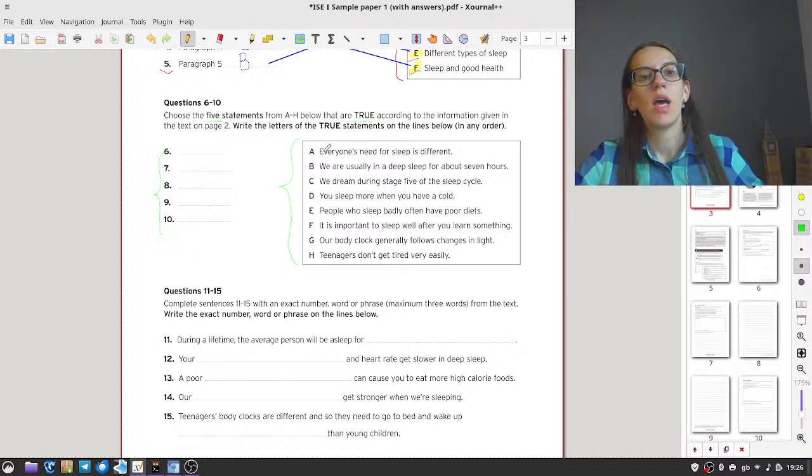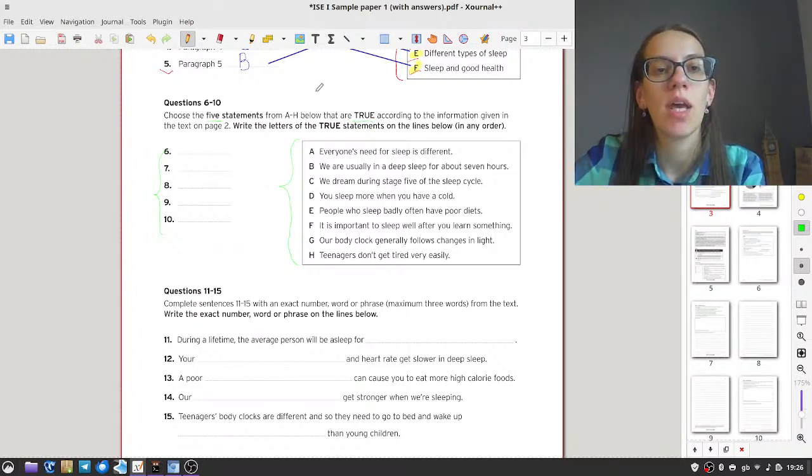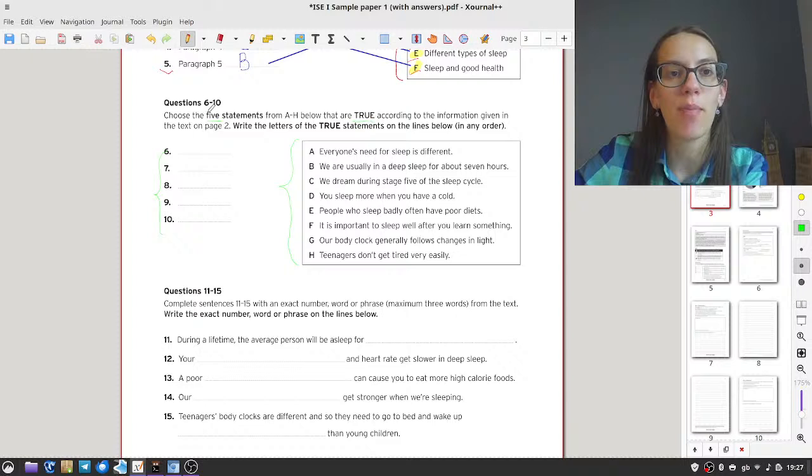So 6 through 10, we need to write down true statements. So what is important to remember in this task? We only write down true statements. So if the statement is false or maybe not mentioned in the text, then we don't write about it. Then it's important to remember there are 5 of them. And let's look how many statements are there. If we count 1, 2, 3, 4, 5, 6, 7, 8. 8 statements. 5 of them are true.